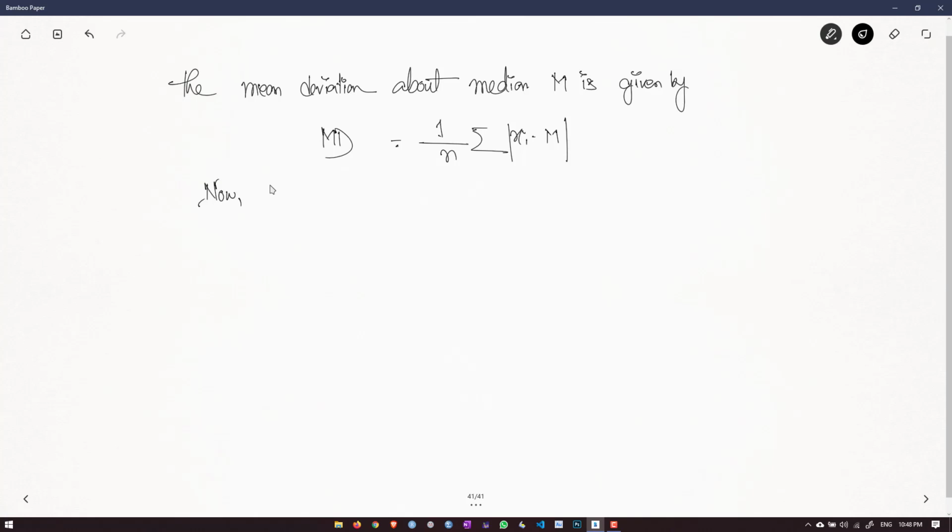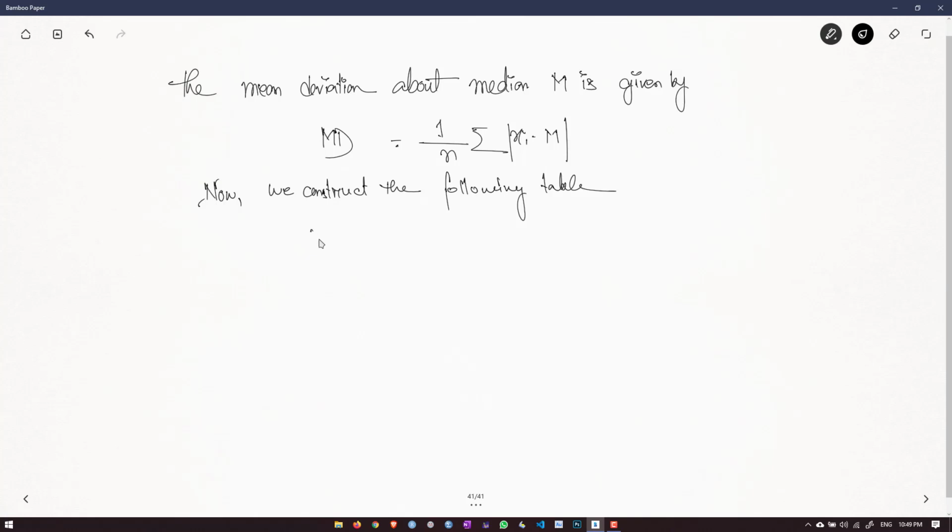Now we will construct a table, the same structure. Just like for mean, we will again construct a table to calculate the different values of xi minus M. We construct the following table.